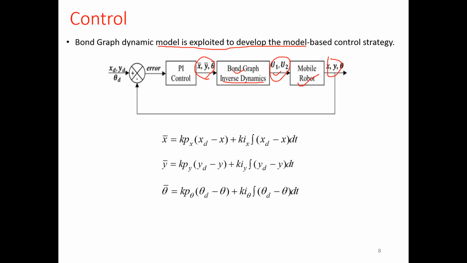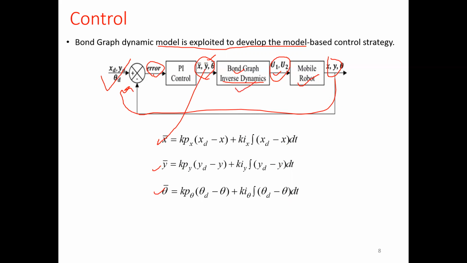These are calculated using the error signal, and a PI controller is used, where the desired position and orientation are compared with the actual position and orientation. This error signal is sent to the PI controller, and from it we calculate X bar, Y bar, and theta bar, which we use for our inverse dynamic model.